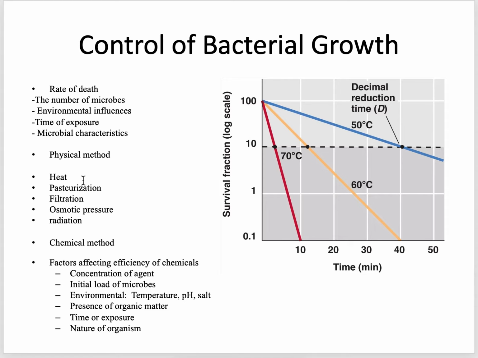Let me say, for example, you want to use heat to kill bacteria. So all the bacteria will not die in the same manner, in the same pattern. Some bacteria are more resistant to heat, so they will die slowly.